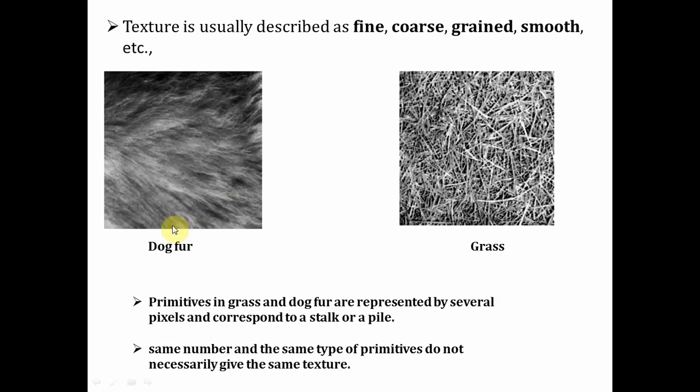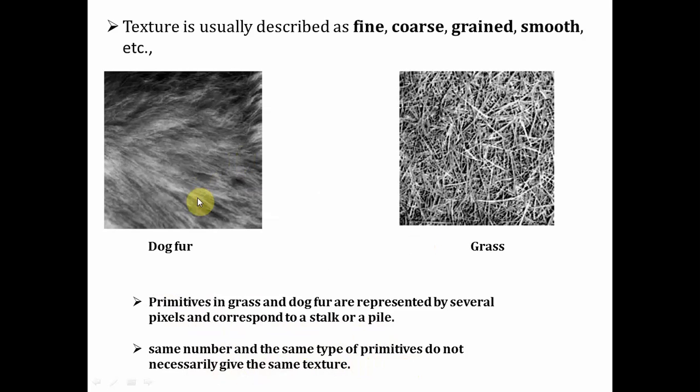Now if you consider the texture of dog fur and grass, they are using the same kind of primitive. The primitives in grass and dog fur are represented by several pixels and correspond to a stalk or a pipe. Okay, and it is not necessary that the same number and same type of primitives will provide you the same kind of texture.